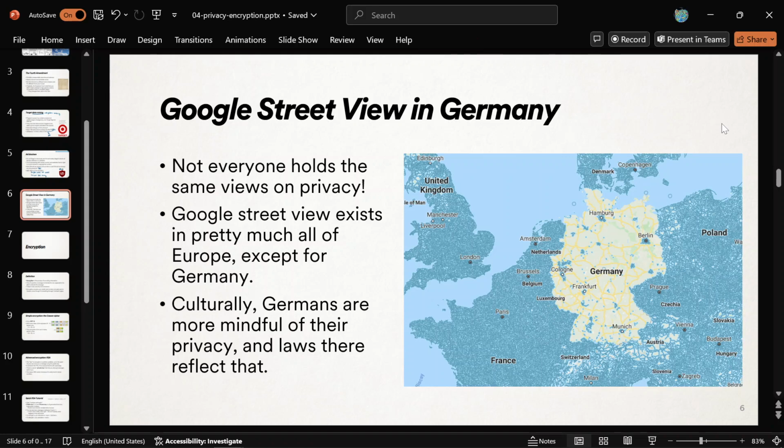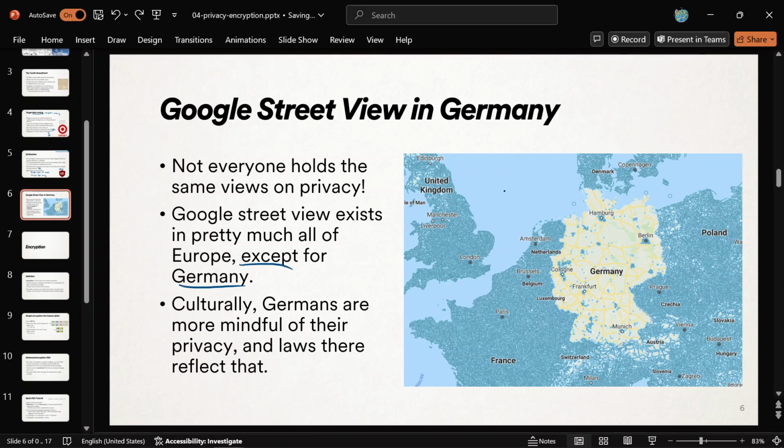Let's talk about that. For a long time, they finally gave in, but for several years, they thought differently than we think about this idea. That just goes to show that different people think different things about privacy. Google Street View existed everywhere in Europe a year ago, except for Germany.